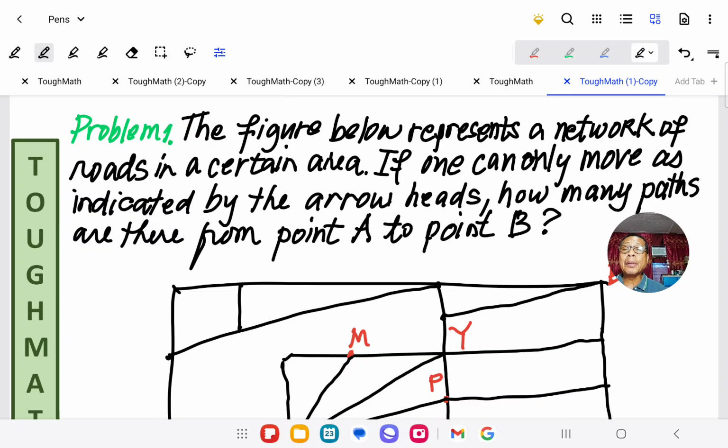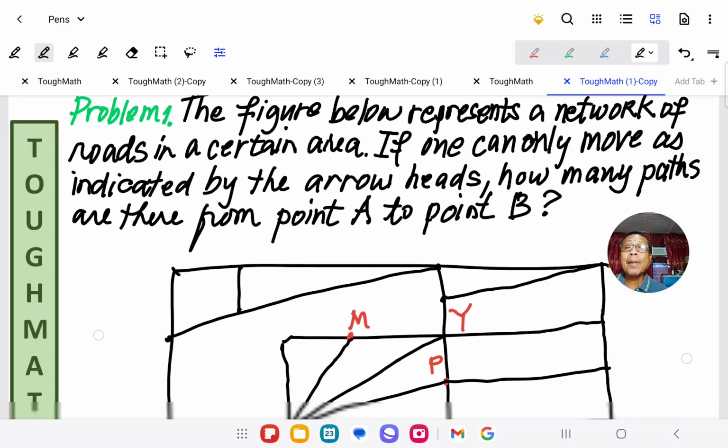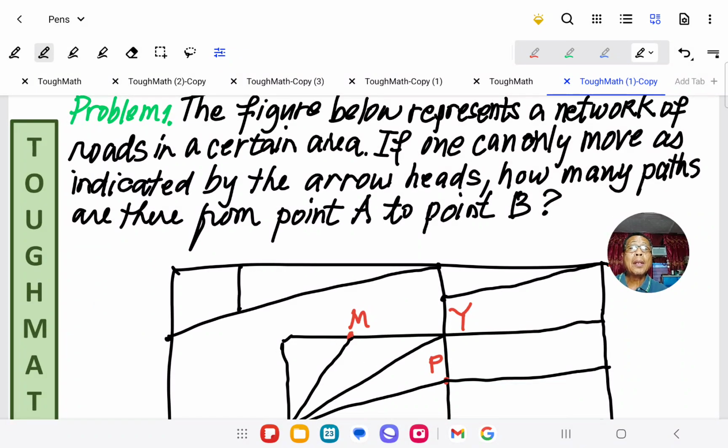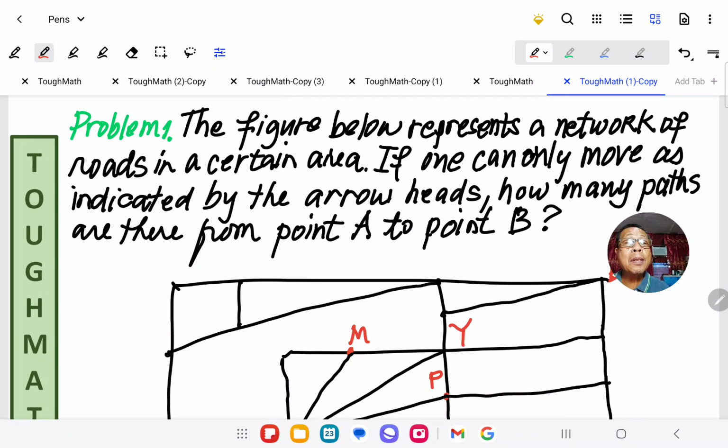So here we are. For this video, we will consider two problems, and problem number one is this. The figure below represents a network of roads in a certain area. If one can only move as indicated by the arrowheads, okay, so these are the arrowheads.